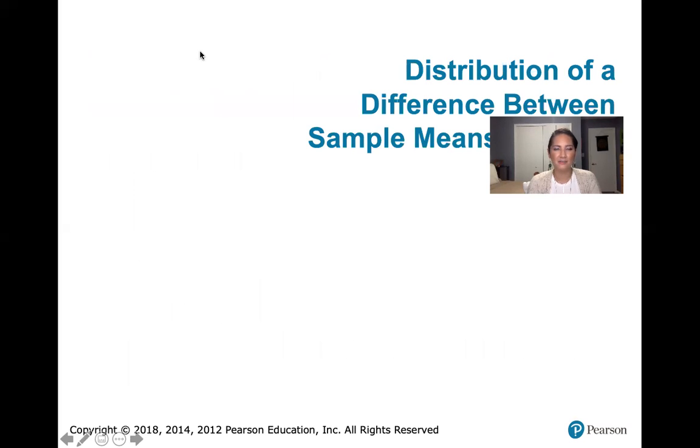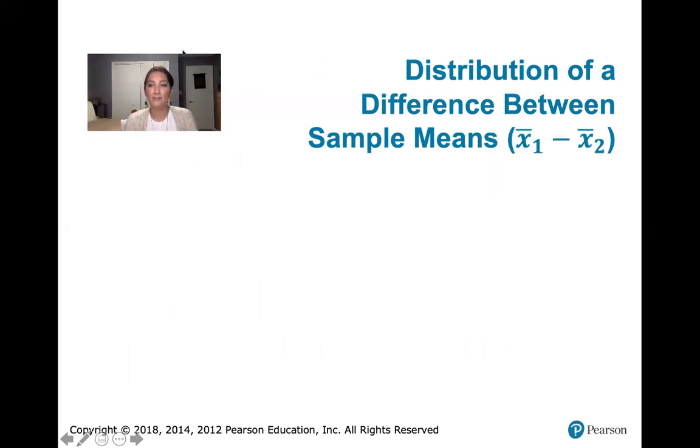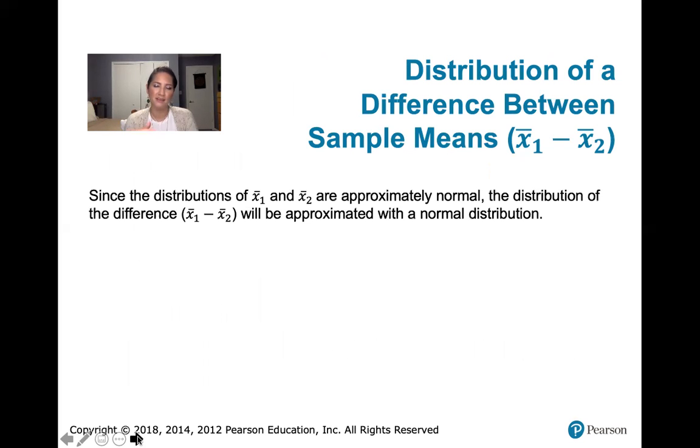Now, all of that was just background so that we could talk about this distribution of a difference between sample means, x sub 1 bar minus x sub 2 bar. Since x sub 1 bar and x sub 2 bar are sample means for two independent random samples, the distributions of each of those are going to be approximately normal.